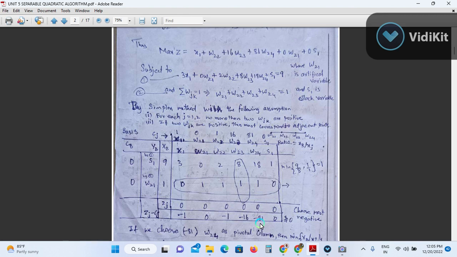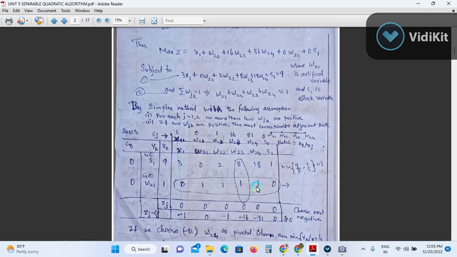I have to choose the most negative value among zj minus cj. Here minus 81 is the most negative value, so this is the pivotal column. From this I have to choose the pivotal row. How do you choose the pivotal row? That is xb divided by the pivotal column. So that is 9 divided by 18, 1 divided by 1.